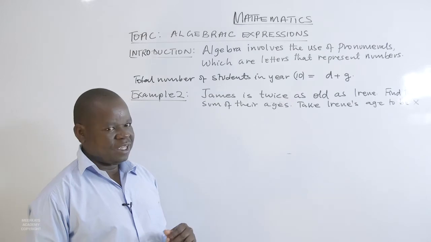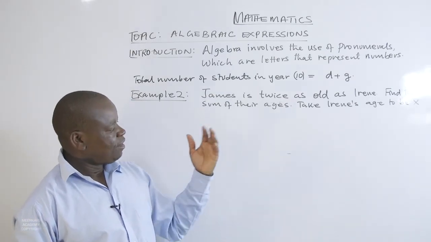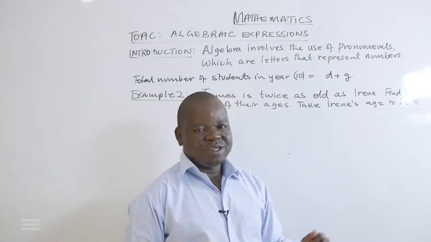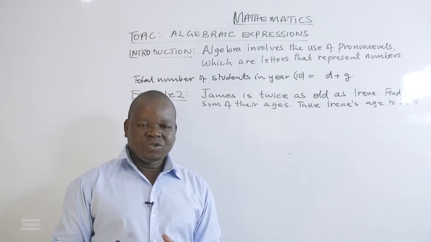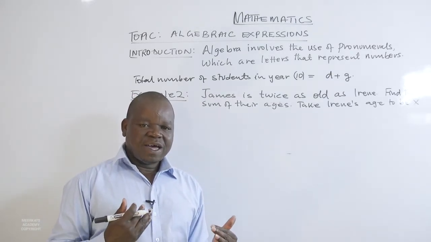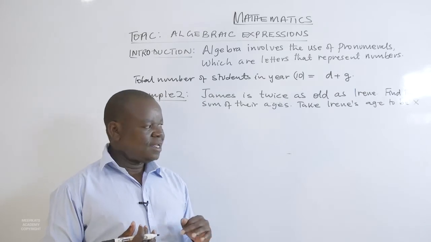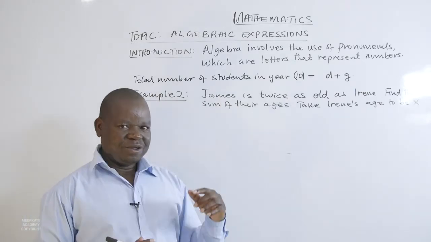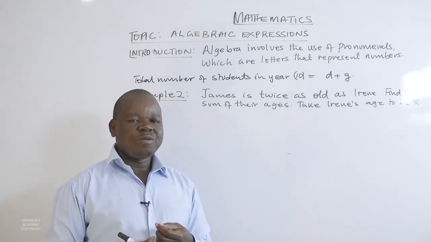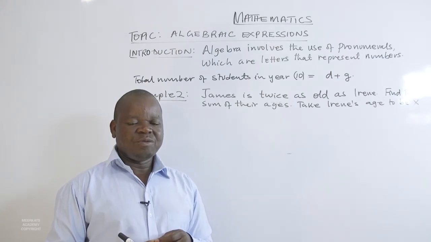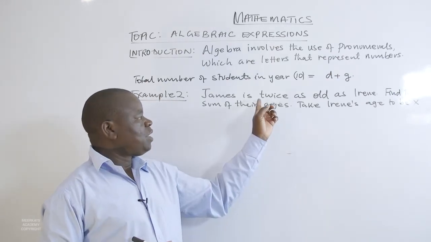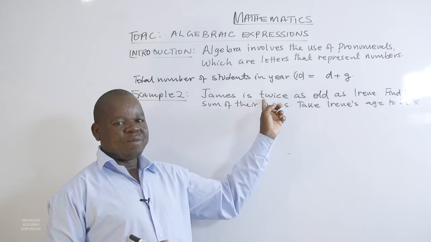We have been told that we take Irene's age to be X. So if Irene's age is X and James is twice as old, twice means you multiply by 2.